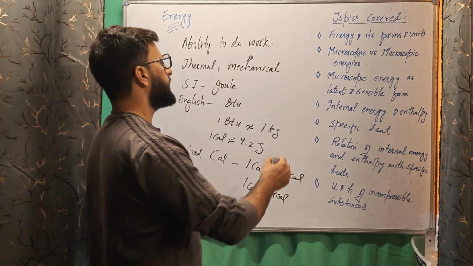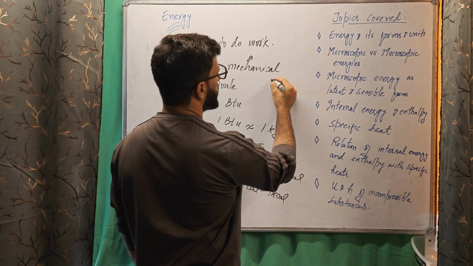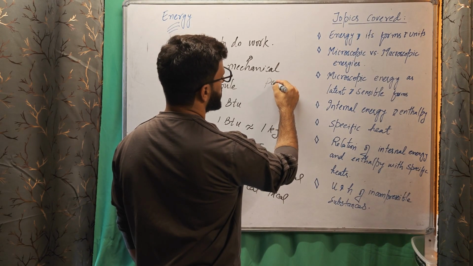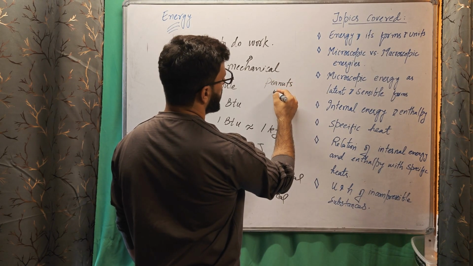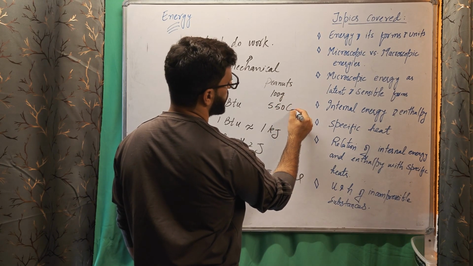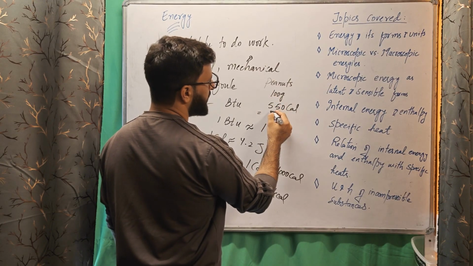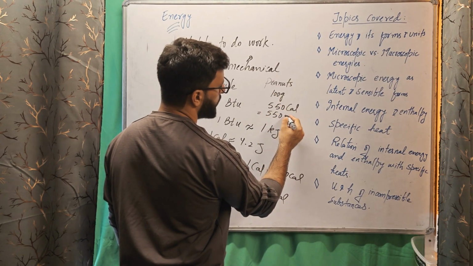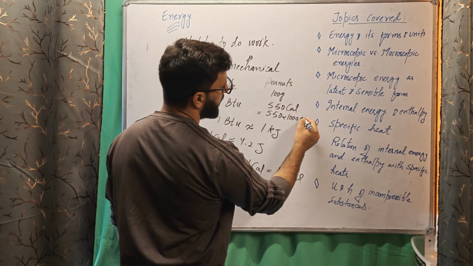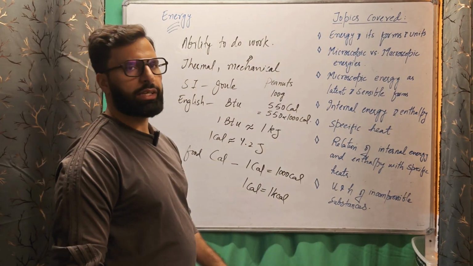So for example, when we say 100 gram peanuts have 550 calories, it means 100 gram of peanuts will have 550 into 1000 calories of energy that we study in science.